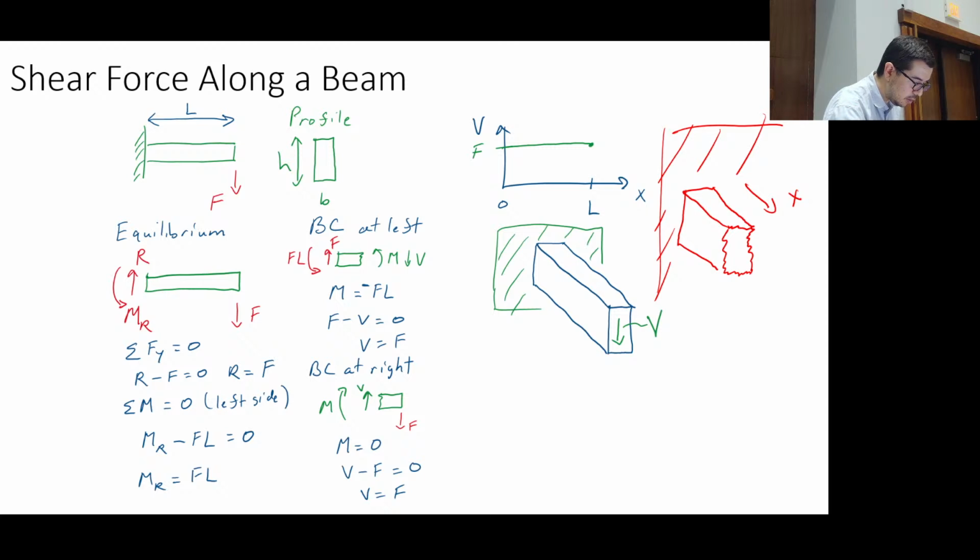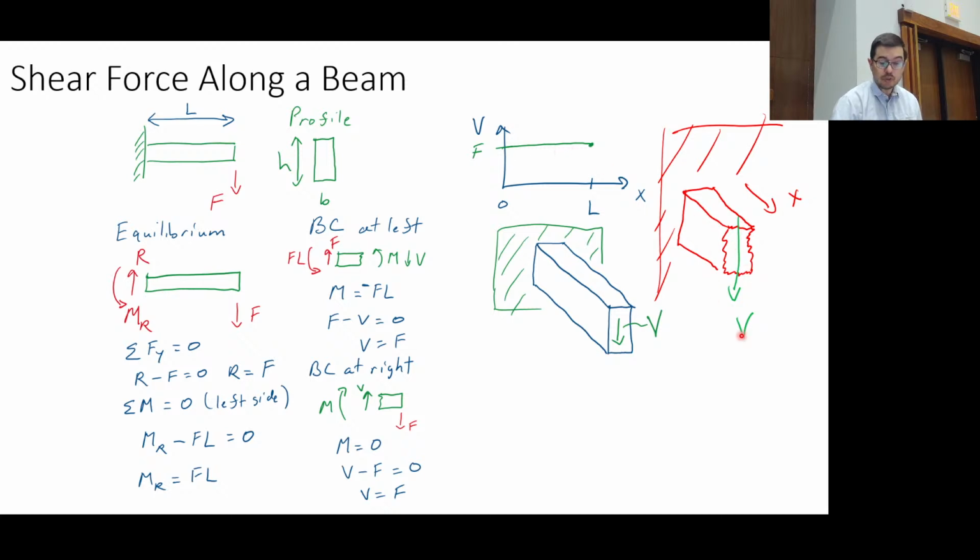That's the internal shear force. You can begin to see that in some cases it's not going to be constant across the beam, but in this case it is constant across the beam.